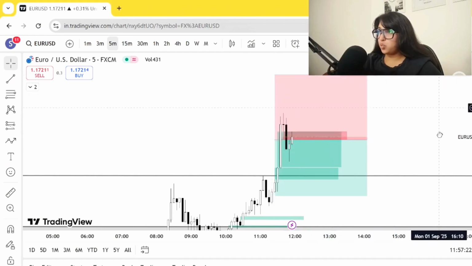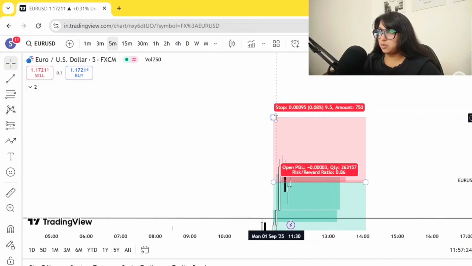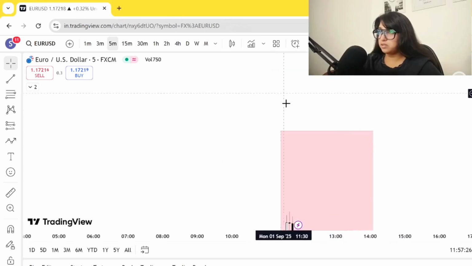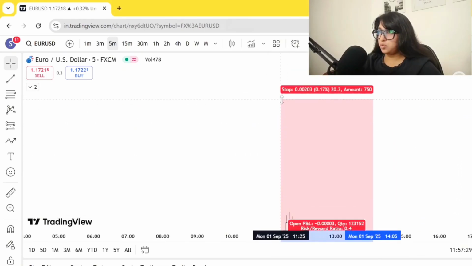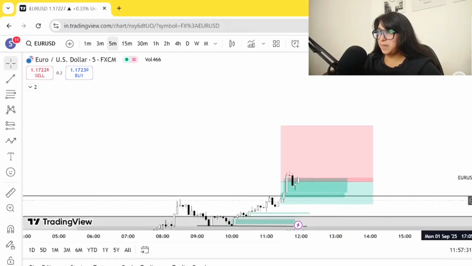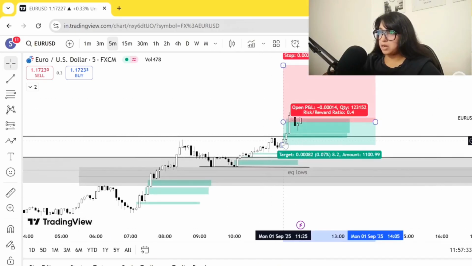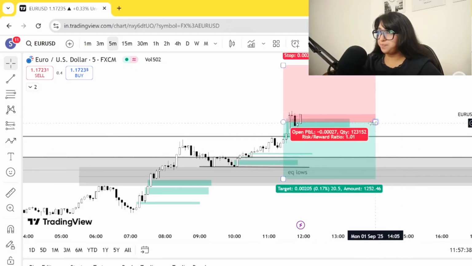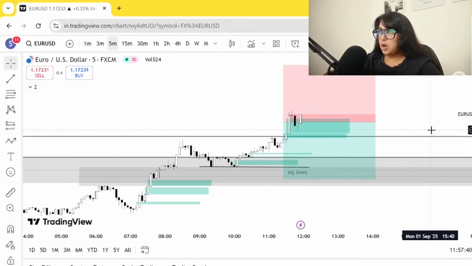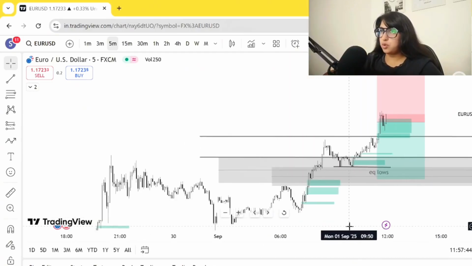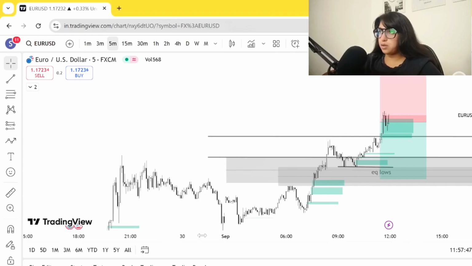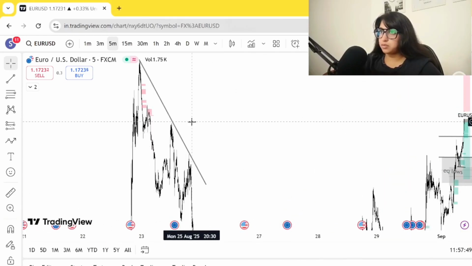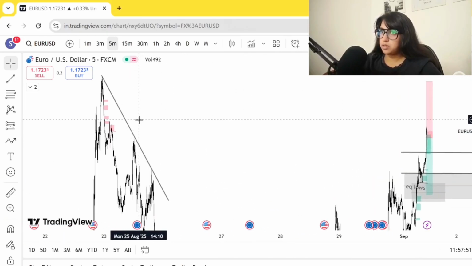We're gonna put around 20 pips SL and 20 pips TP, right? Let's see how it goes. Most probably we can have an SL. That's not an issue. It can go till here maybe.